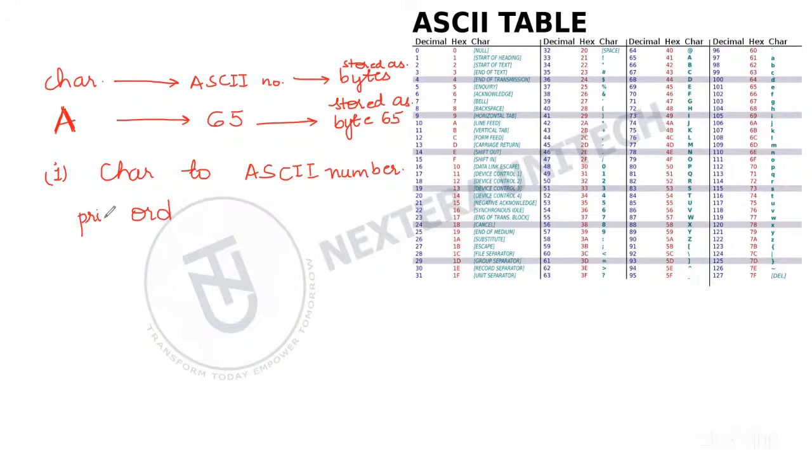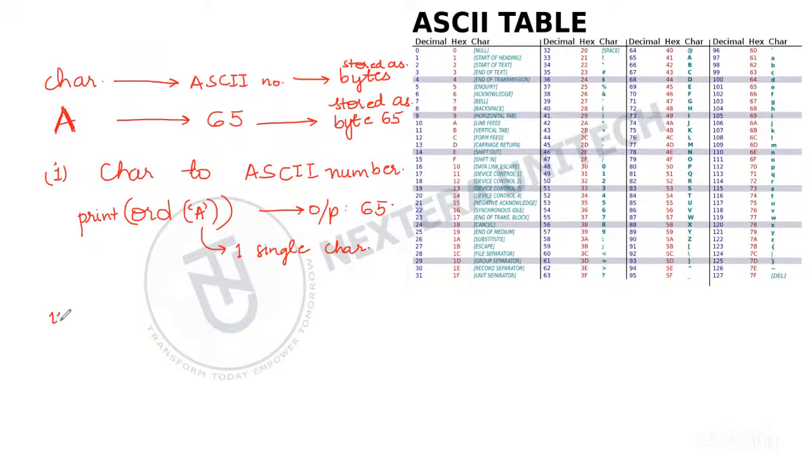I can just print the function ORD. Inside of that, I should give only one character, that is my A. So I can just directly print it. The output I'll get is 65. Here only one single character should be there.